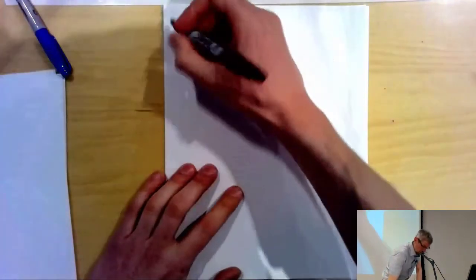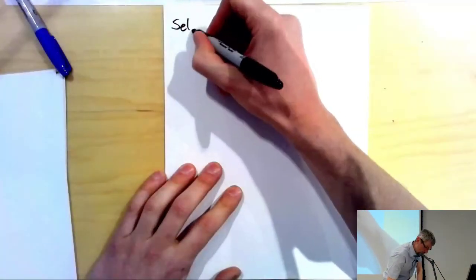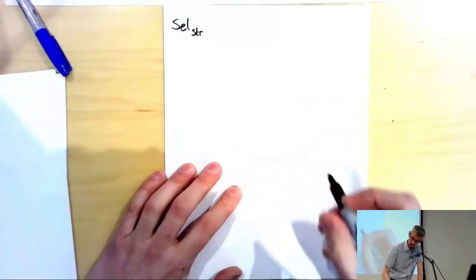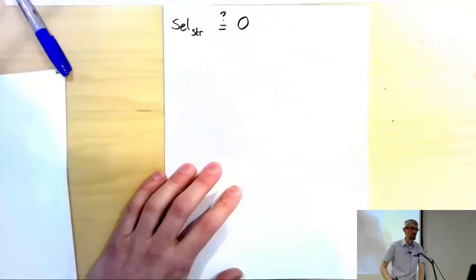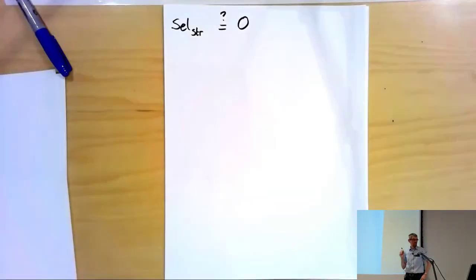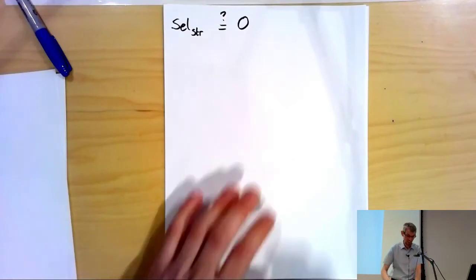And just to link back to something we've heard about in the earlier lectures this morning, what's the strict Selmer group? Conjecturally, it's 0. And that conjecture is precisely Leopoldt's conjecture.